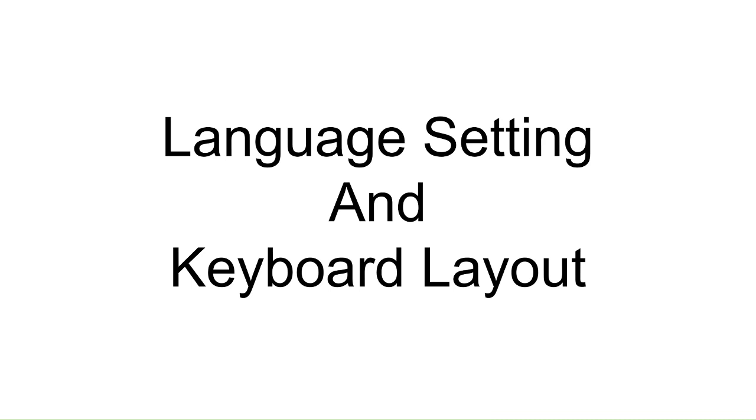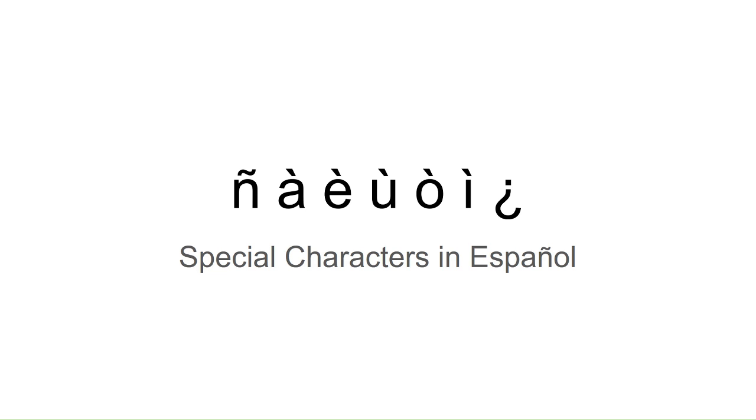So today I want to talk about language setting and keyboard layout because it's important to how you can type special characters which the Spanish language uses. And basically there are about 7 characters that I want to introduce, how to actually use these characters in typing on the computer.